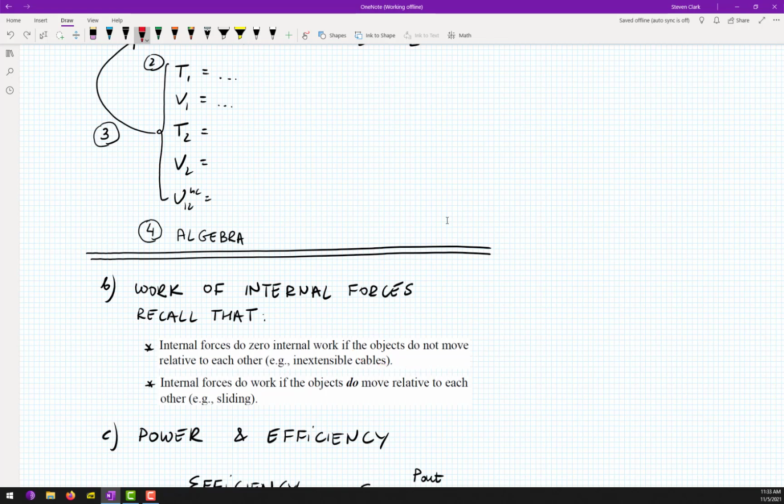However, if there is sliding in the system, so if two bodies move relatively to one another, then friction between them will do some work. We did 2 problems of that kind. That's it when it comes to the work energy method.